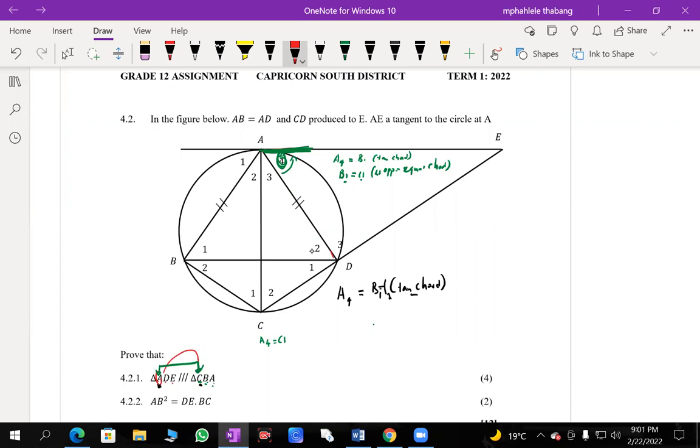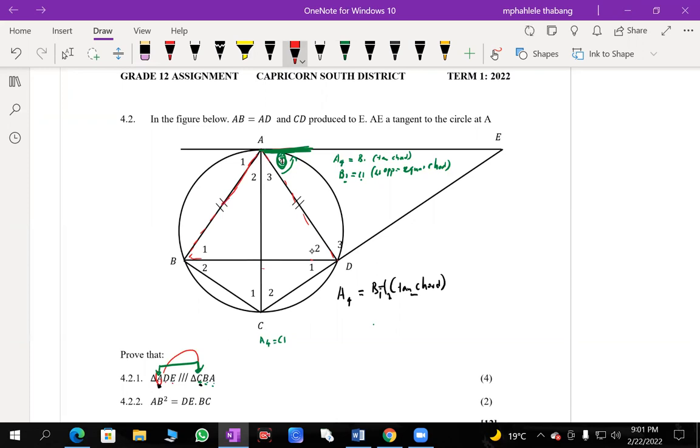There is no need. When you apply this theorem, you are not restricted to remain in a triangle, when the angles are opposite to those equal chords.